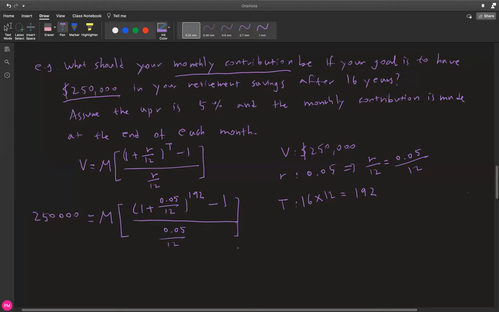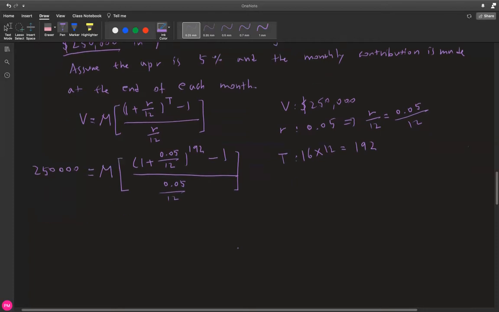So this looks a little bit complicated, but what you need to do is you would have to calculate this.